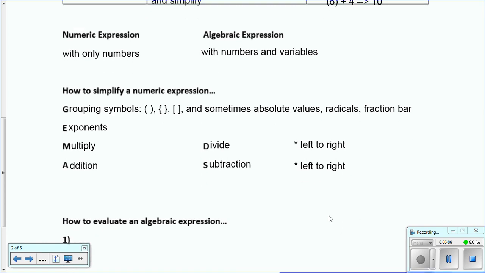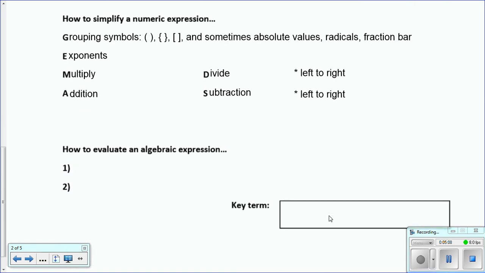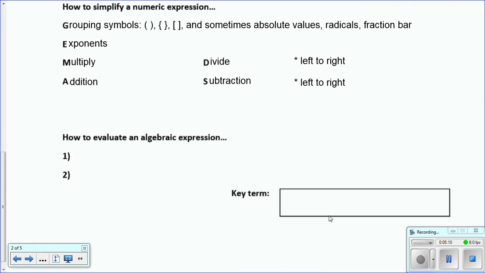A lot of review stuff for you, I know. Now, here's stuff that might be a little bit newer. I think you still did it last year, but it's newer in your mind compared to PEMDAS and GEMDAS. How to evaluate an algebraic expression? Well, first, you replace each variable with a specific value. So you need to use parentheses. When you put in a new value, put it in parentheses.